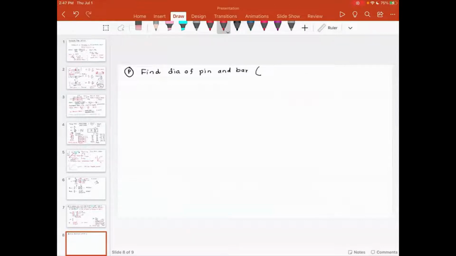Now, I just want to tell you, this is something similar to a knuckle joint. So what you have is something called the fork end, and we have something called the eye end.